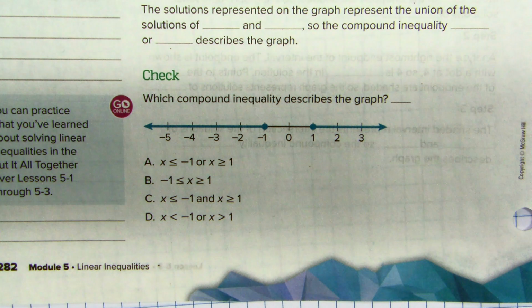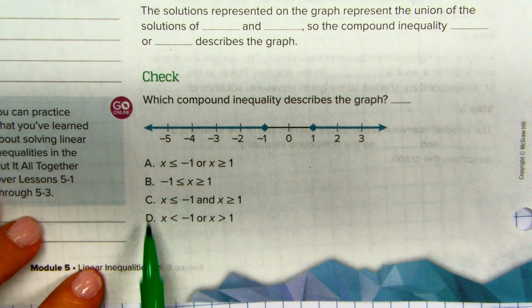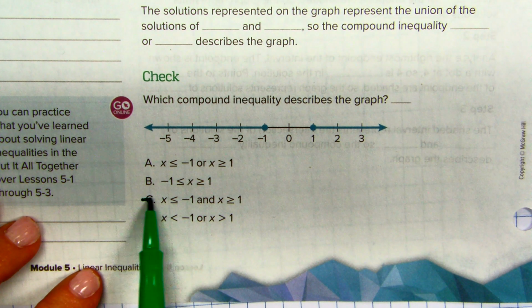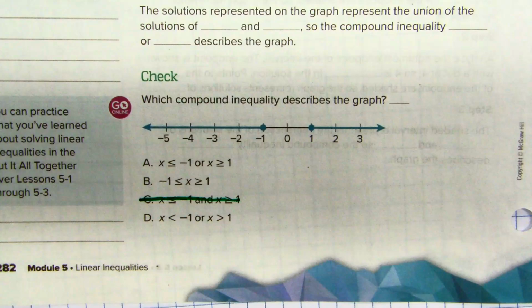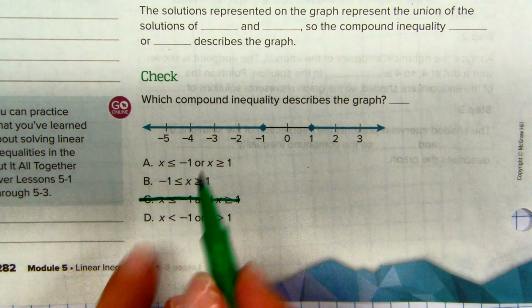So guys, is this an and or an or? Or. 2 different directions, we know it's an or. So smart test taking, multiple choice, we can get rid of the one that says the word and. We can get rid of the one that's got the jumbled up one. Plus, it's written incorrectly.